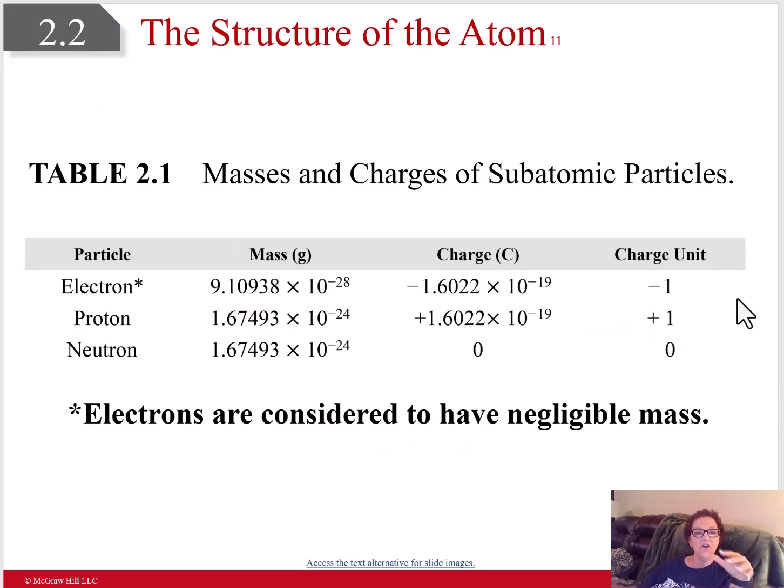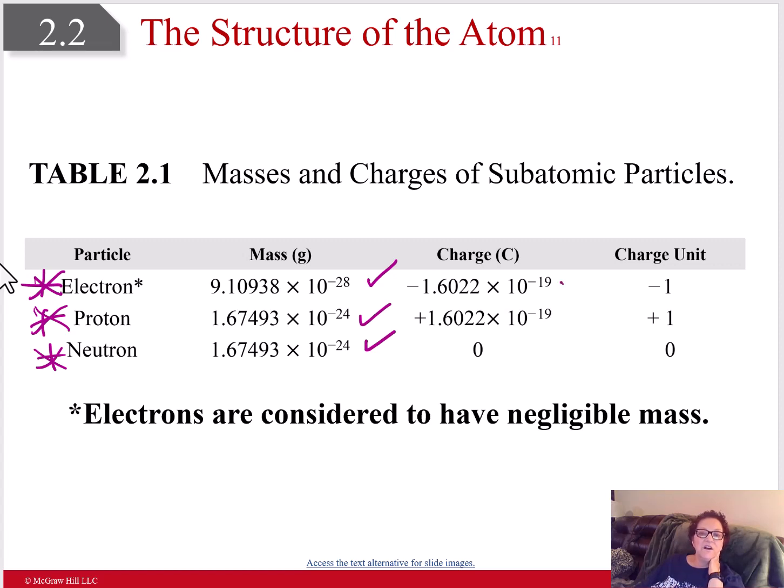So here is a summary of electrons, which have a very tiny mass compared to the protons and the neutrons. You can see here protons and neutrons have basically the same mass.